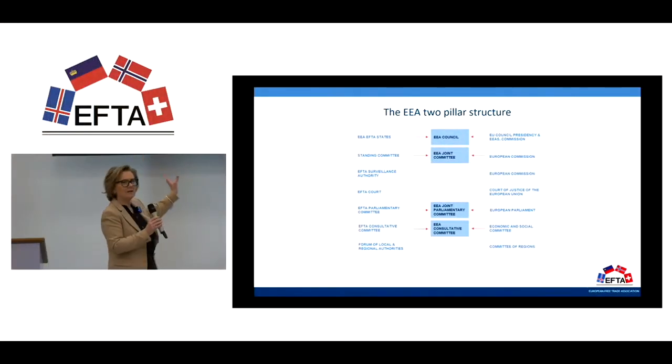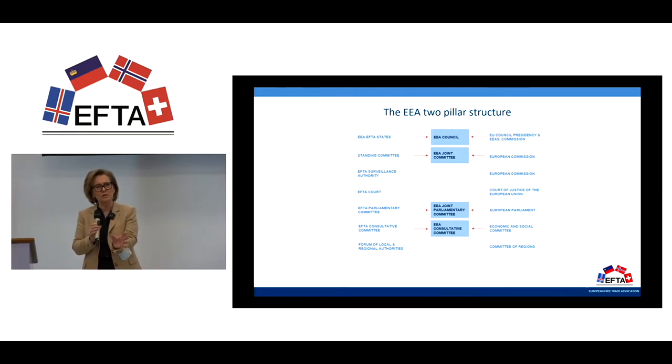And the reason we call it the two-pillar structure is that it reflects that EEA cooperation takes place in two different pillars. On the one side, you will see the EFTA pillar with its institutions. And on the other side, we have the EU pillar with its institutions, and also the establishment of certain common bodies.